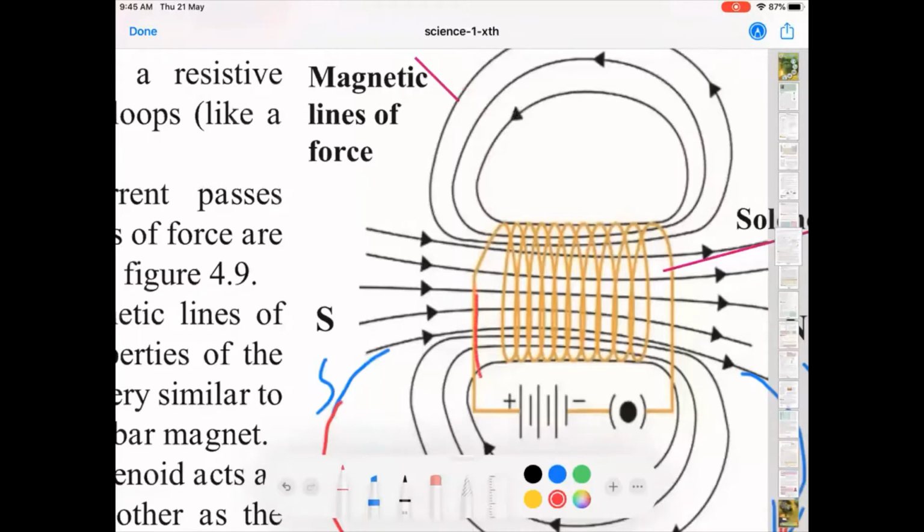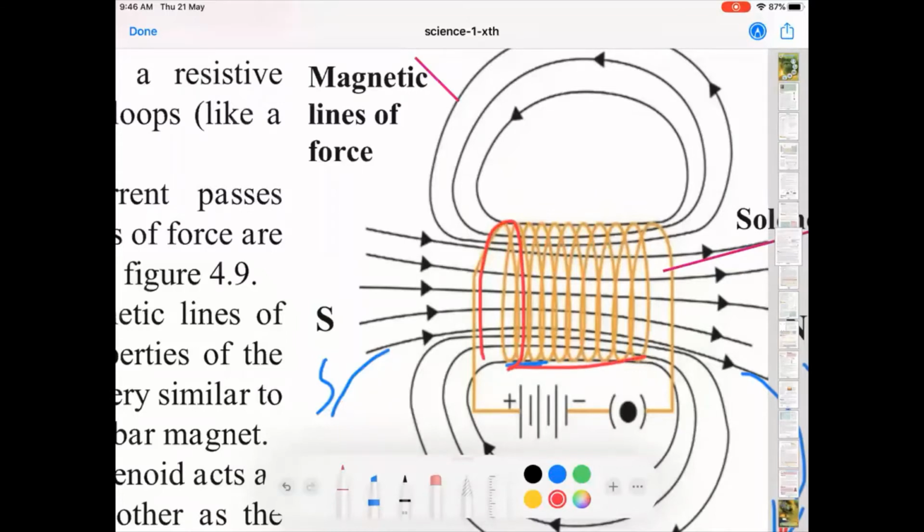Now see, I'm using the red color to show you how the current has to flow. Actually, the current has to flow in the form of a loop, like this. But if there is contact between, say, these two wires here, then the current, when it flows like this, will directly come in contact and flow.